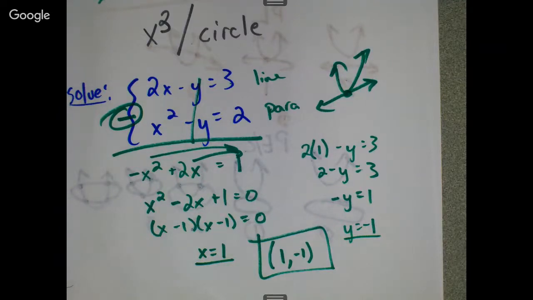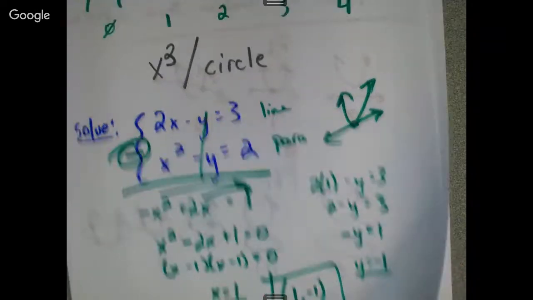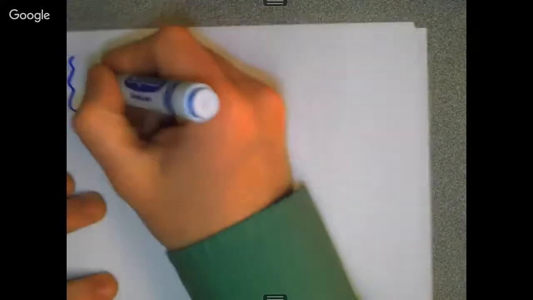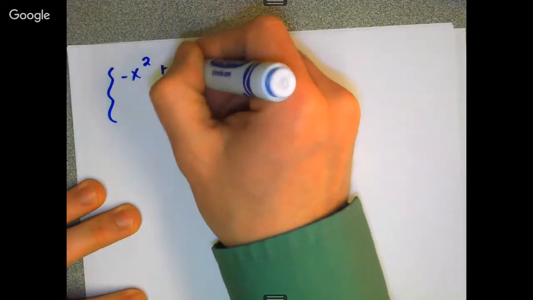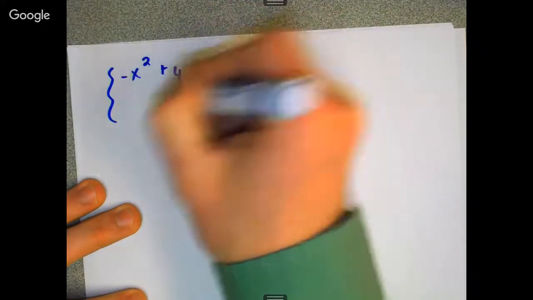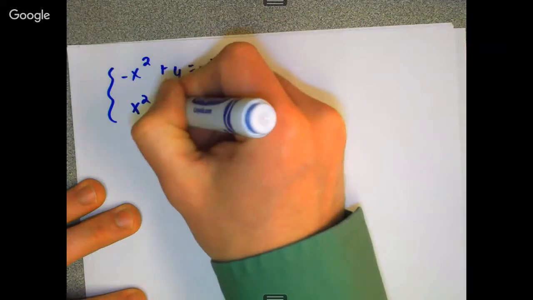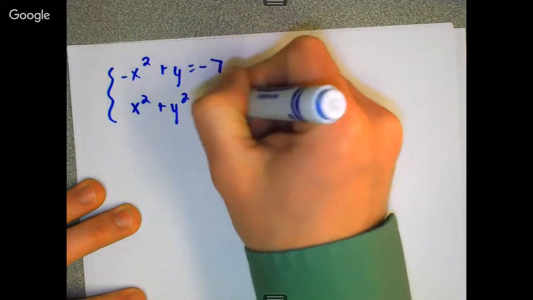All right, let's try one more. So we will look at -x squared plus y equals -7, and x squared plus y squared equals 9.